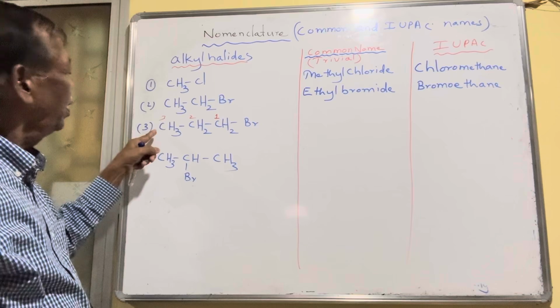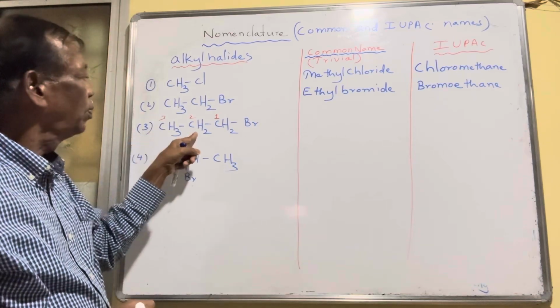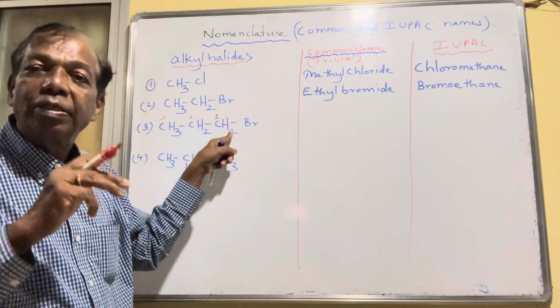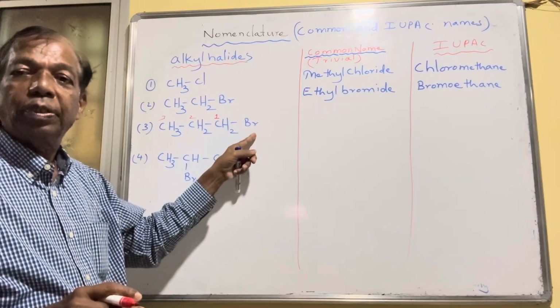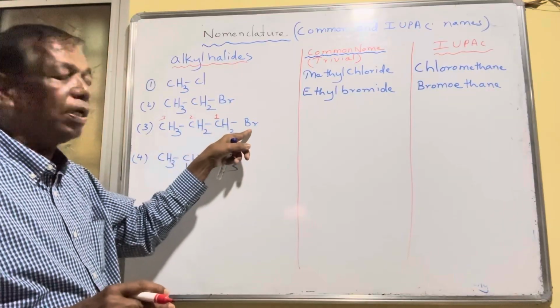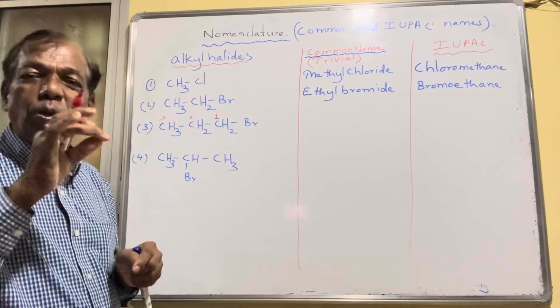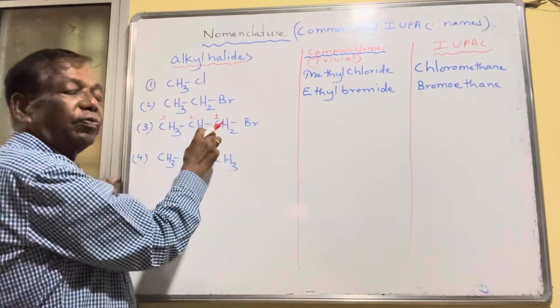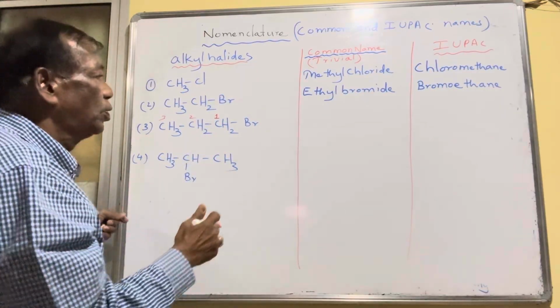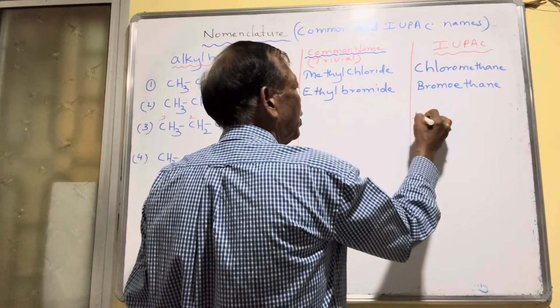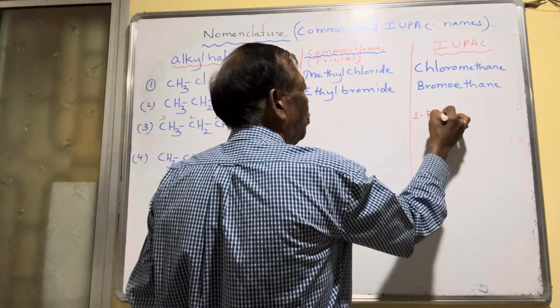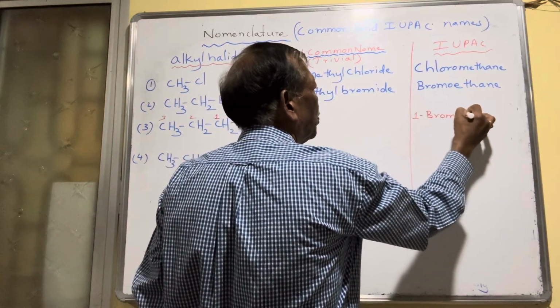Remember, I can number here as 1, 2 and 3. That is wrong. So what is the rule? You have to give the carbon to which the halogen is bonded the lowest number. So in this case, bromine is attached to carbon number 1. Therefore, I can call it as 1-bromopropane.